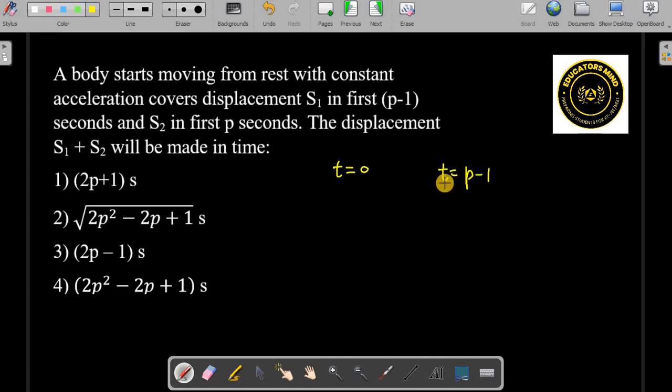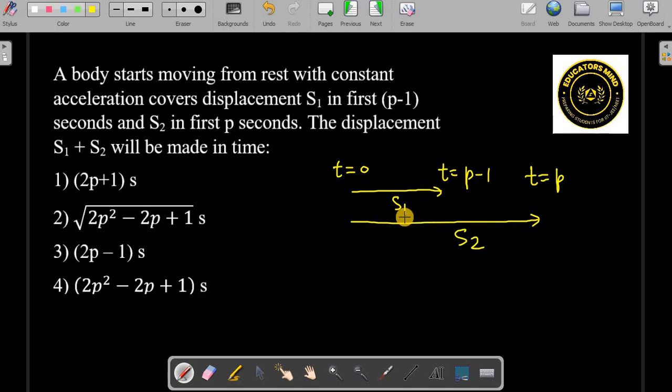And then p seconds means it will be here, greater than this. So this displacement they have given as s1, and first p seconds means from here to here, this is the displacement s2, correct? This s1 is for the first p minus 1 second, and then first p seconds.